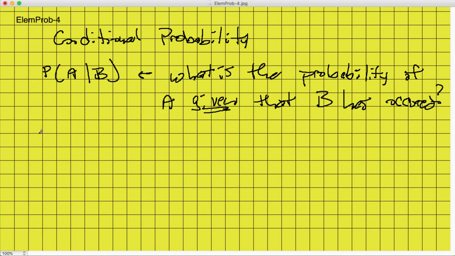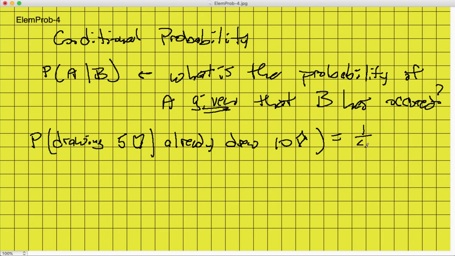So for example, if I were to come over to you and say, what is the probability of drawing the 5 of hearts, given that we already drew the 10 of diamonds, you would say that's 1 over 51.